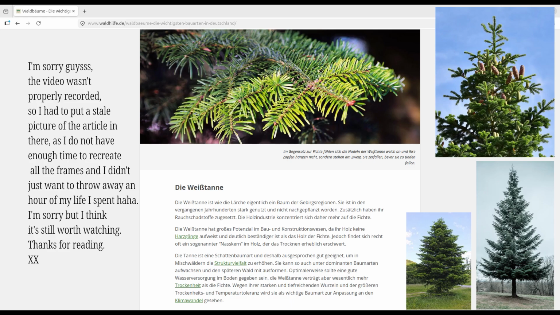So, though finds itself relatively often, oft means often, a sogenannter, genannt derives from the word nennen, which means to name or to call. So, sogenannter, so called, genannt, and the er is because of the form, der Nasskern, genannter, which is here.